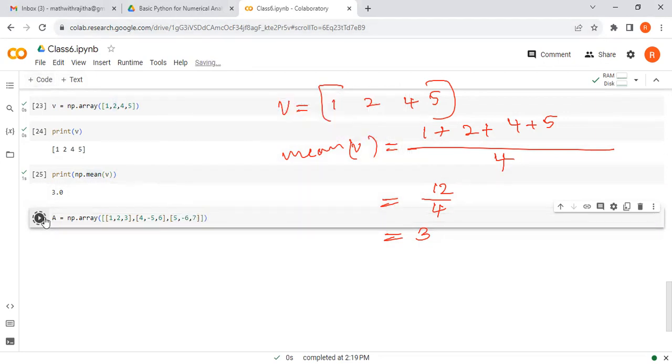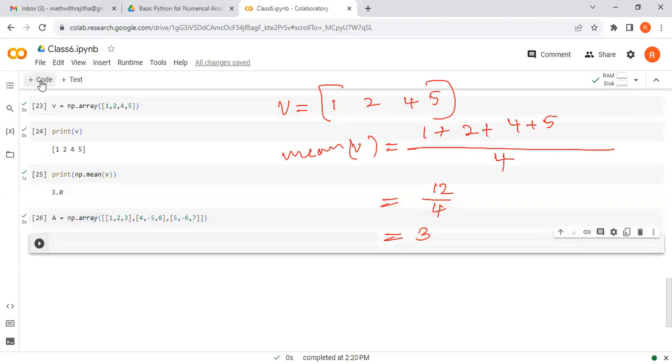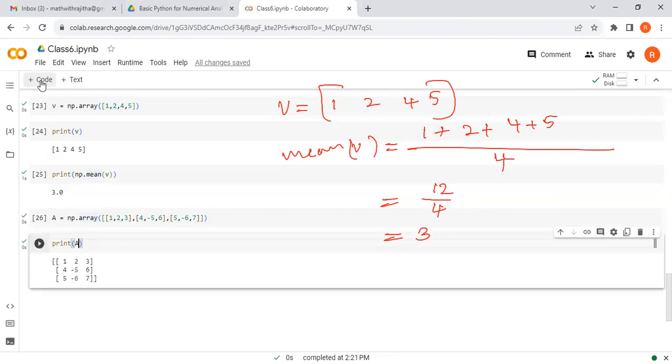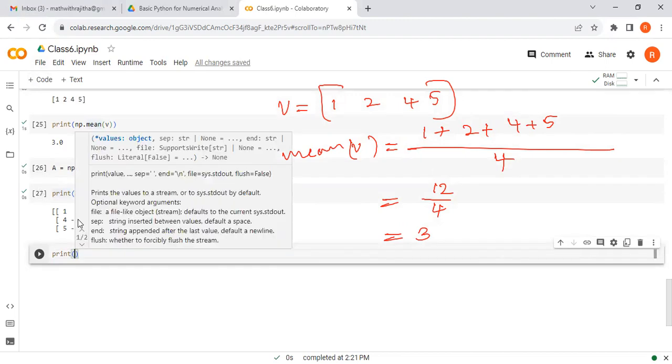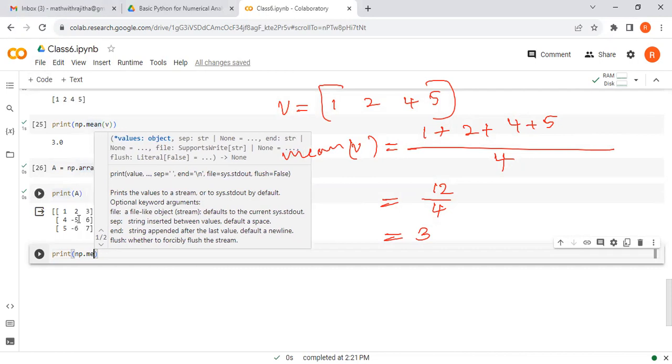Okay, let matrix A be that one. Print A. It's just an example. You can write any matrix you want. Next, I wanted to see what happens when I write print np.mean(A).